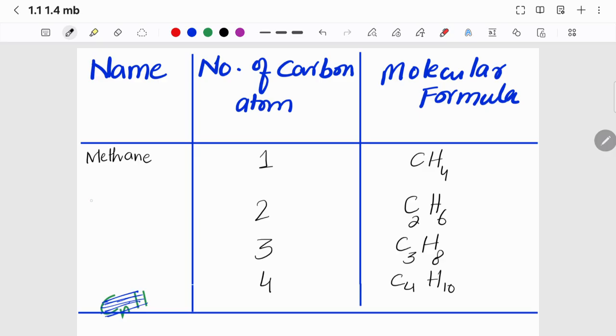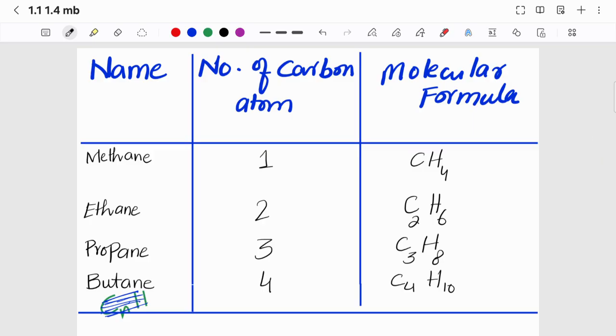For carbon number 2, we write eth, and at the end we add ane, so it is ethane. Carbon number 3 is prop, and we add ane at the end, so that would be propane. Carbon number 4 would be but, and we add ane at the end, and that would be butane.